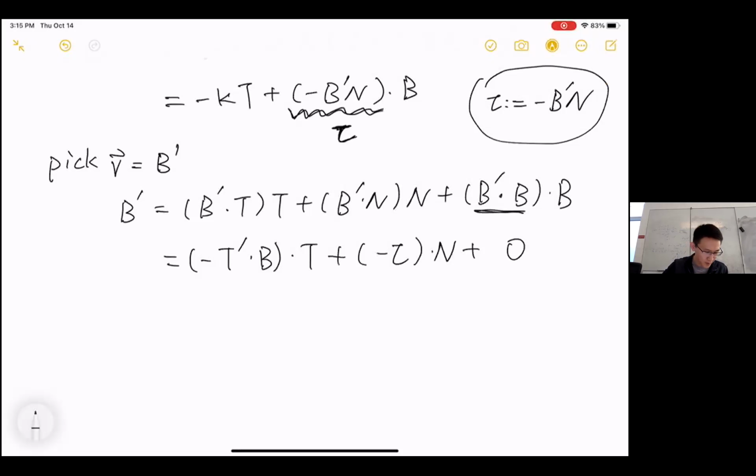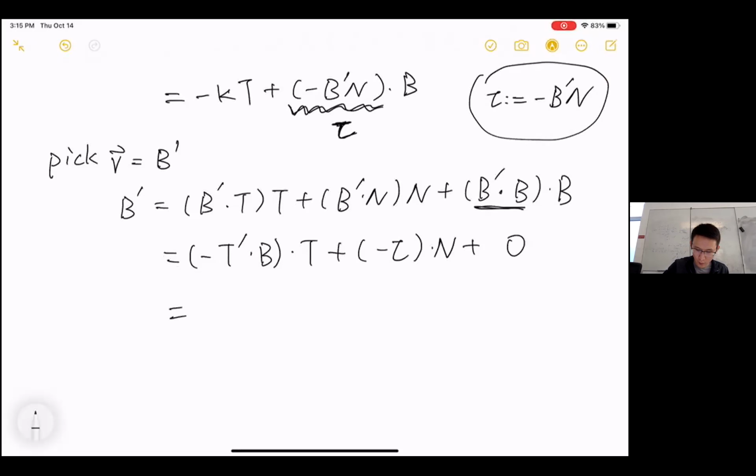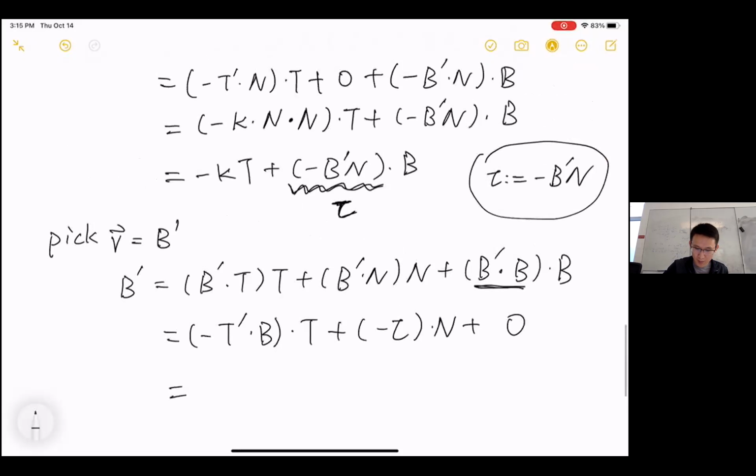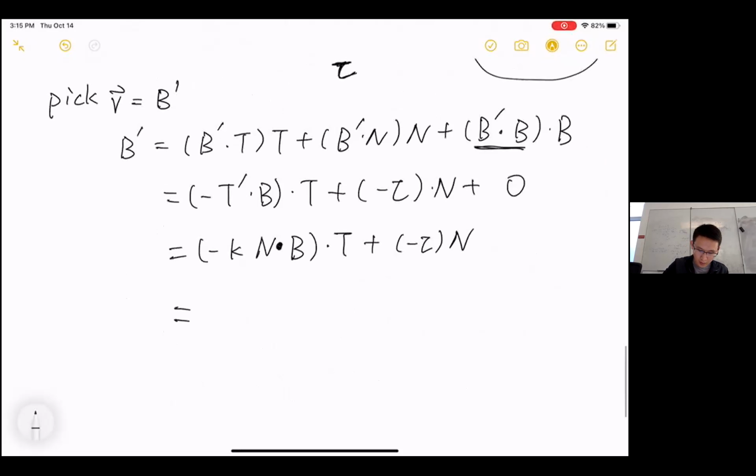Okay, then let's further simplify it. Remember, T prime is just k times N, so we have negative k N dot B. This is a dot product, but a single scalar, times T, minus tau N. Maybe write it as plus negative tau N. Here, by the definition of the binormal vector, it is perpendicular to both the normal and the tangent.